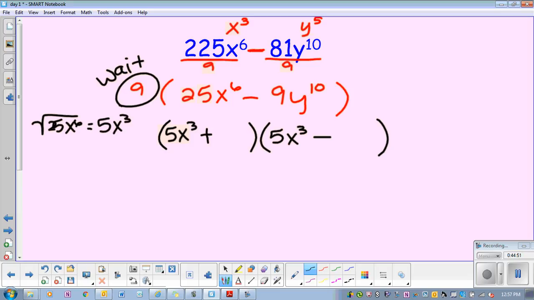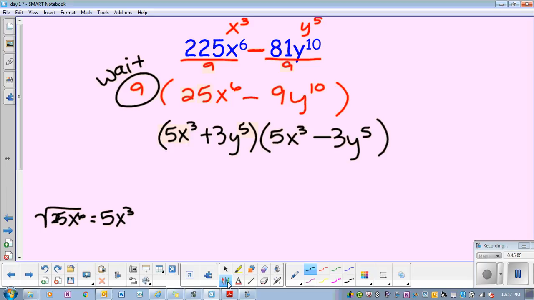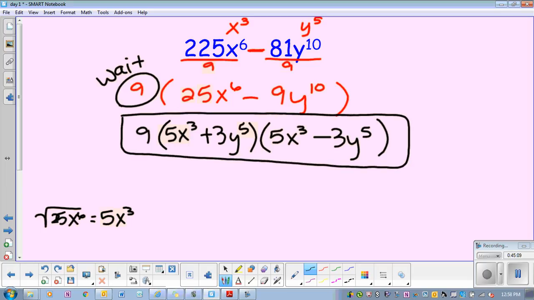How about in the second spot? What goes in there? 3y to the 5th. Good. 3y to the 5th. Okay. And then don't forget to bring down the 9, and then you are done because you can't do anything more with that. All right, it's very pretty. Can't do anything more.